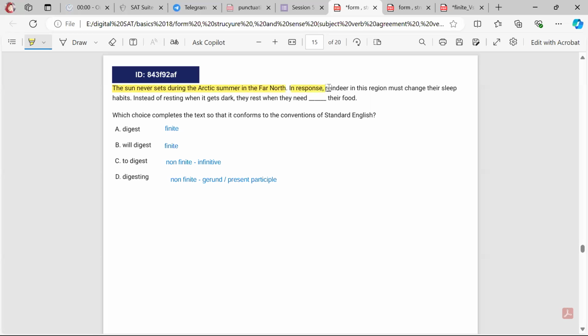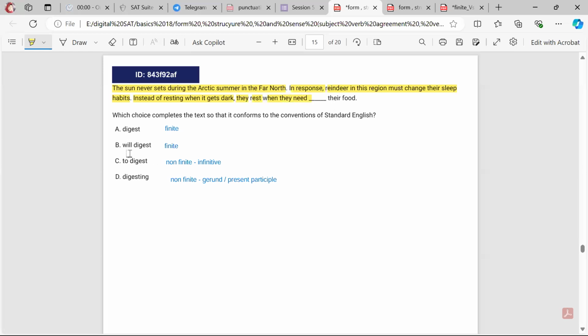In response, reindeer in this region must change their sleep habits. Instead of resting when it gets dark, this is the most important part, that's a subject. Rest, that's a verb. When, that's a subordinating conjunction. They, that's a subject. Need, that's a main verb.